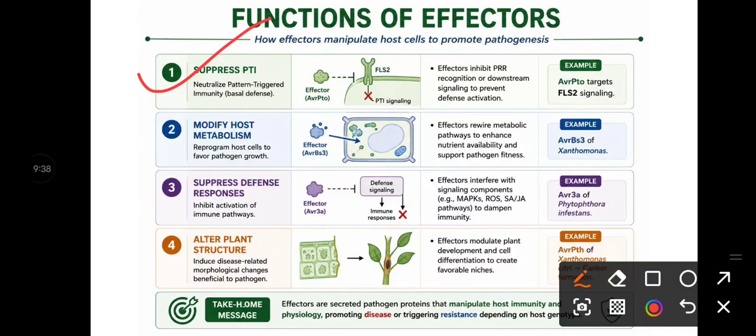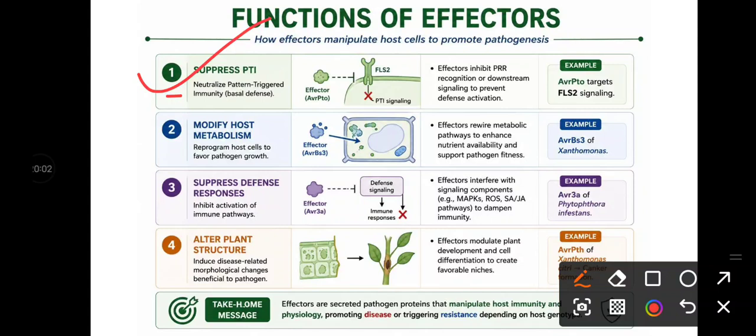PTI is PAMP-triggered immunity or pattern-triggered immunity. So here what happens? The PAMP molecule, the foreign molecule, will interact with the PRR, the pattern recognition receptor of the host membrane.